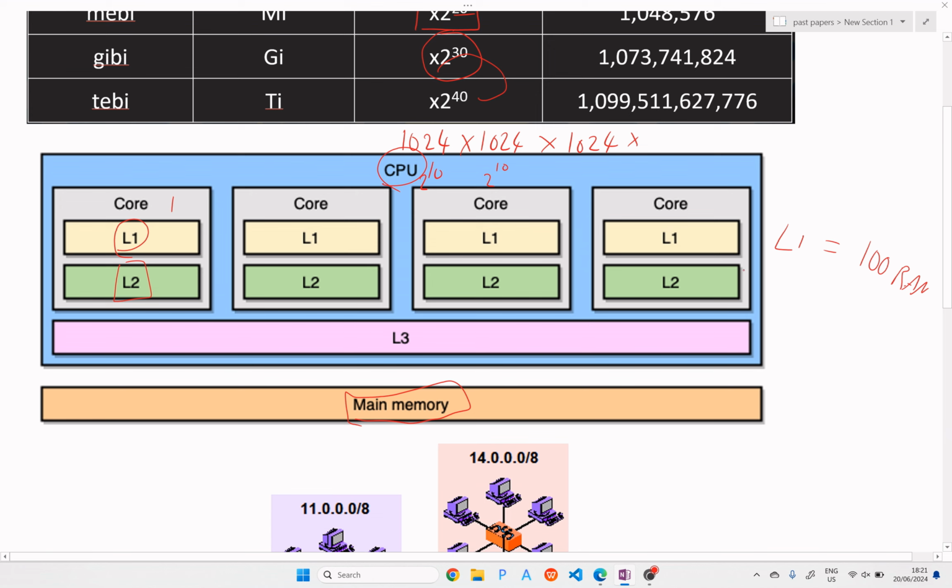But the reason cache is useful is because this is where the frequently used data and instructions will be stored. Because imagine if for every instruction we had to go to main memory and load it, that's going to be slow. Main memory is a kind of long physical distance.